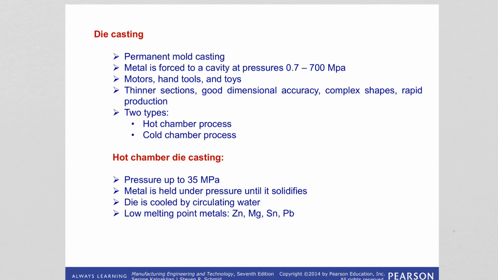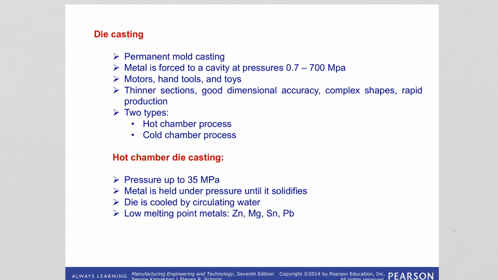Molds that are used in this casting operation are called dies. That's where the name die casting comes from. The use of high pressure to force the metal into the die cavity is the most noticeable feature of this process that distinguishes it from other permanent mold casting techniques.